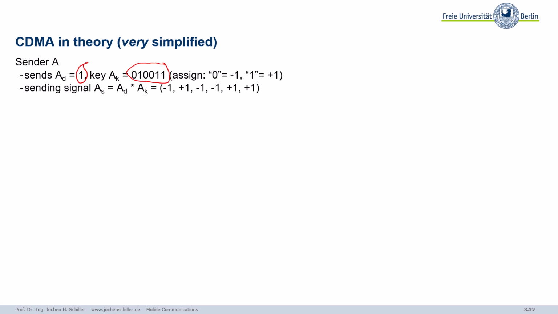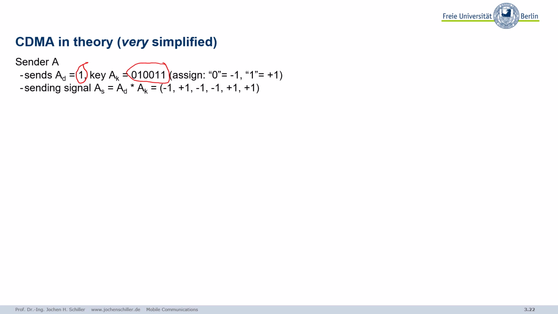Because we want to avoid narrowband interference. Plus, if we do this spreading using a secret code, this spread signal is nothing but noise for the others. That means CDMA combines spreading and encryption using a secret code.